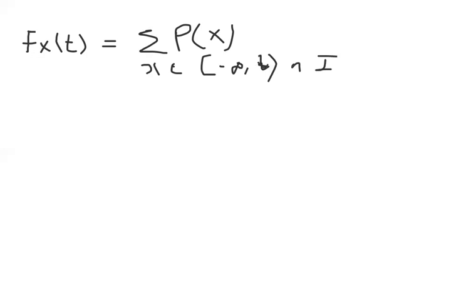And the second type of distribution is what we call the continuous distribution.